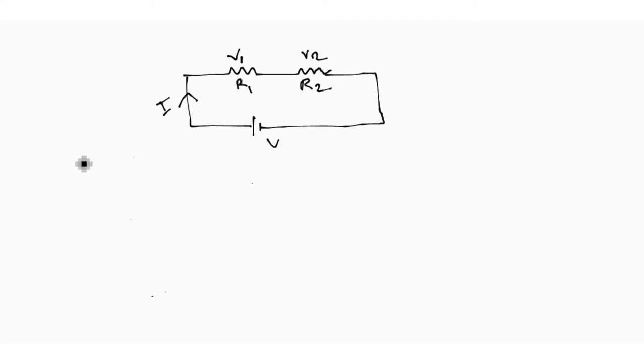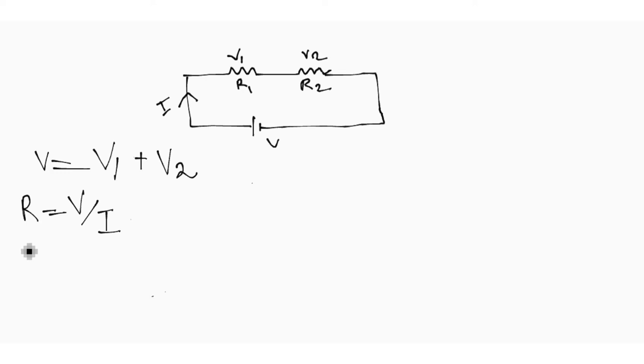Now you can see from this diagram that the potential difference applied, V, is equal to the potential differences V1 plus V2, right? Now from Ohm's law we know that R is equal to V by I, where R is the total resistance or equivalent resistance of this circuit.